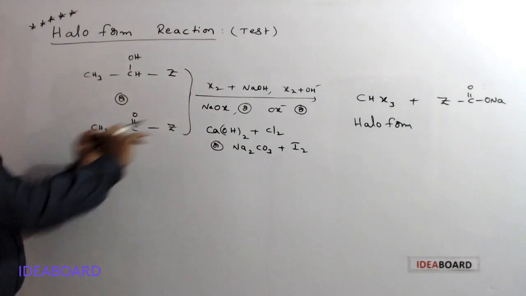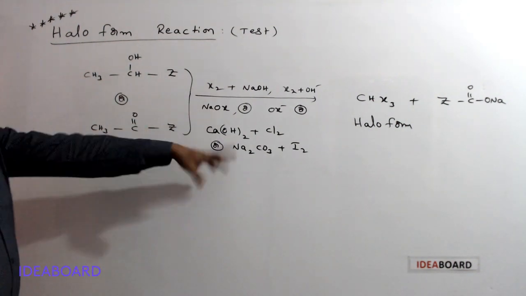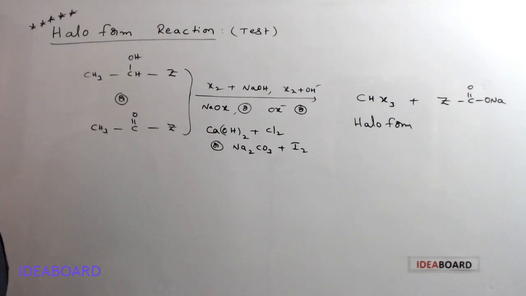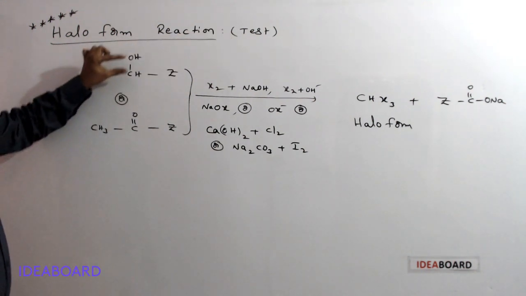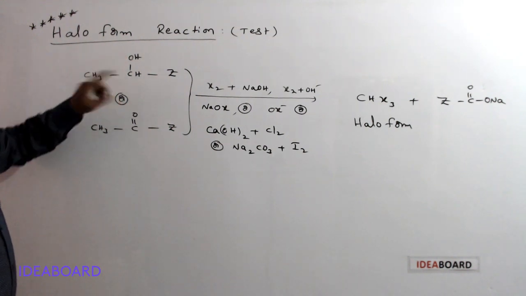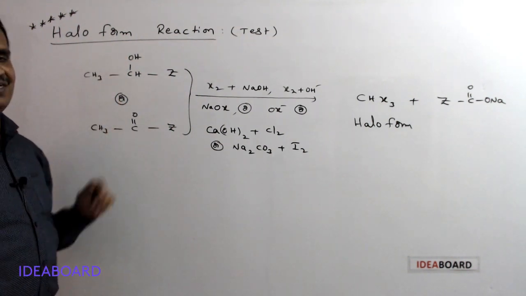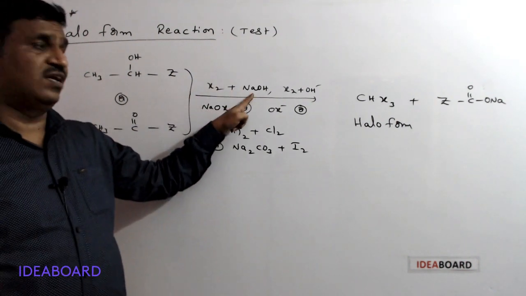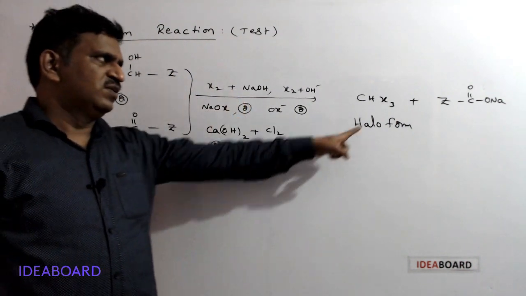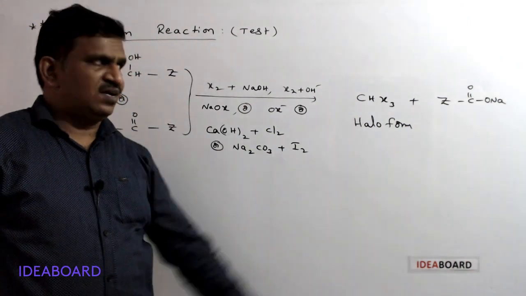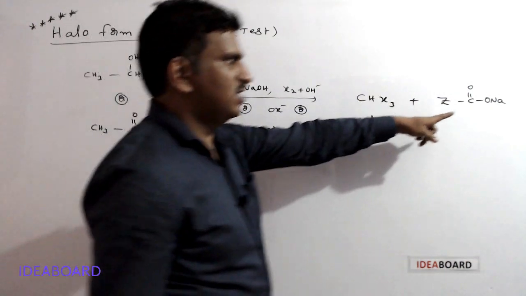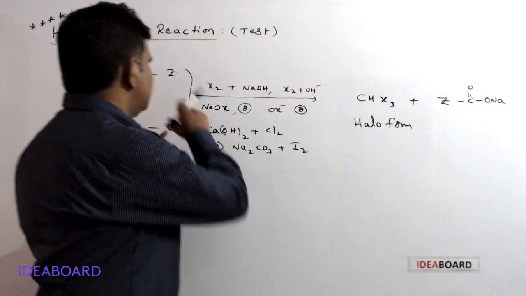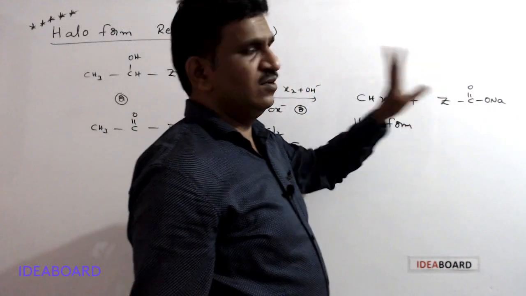This is the principal reaction, or the main reaction, of the haloform test or haloform reaction. A methyl carbinol system or methyl keto group containing reactant reacts with a halogen and alkali mixture to give haloform and a sodium carboxylate salt. Based on Z, we can get the Z value.